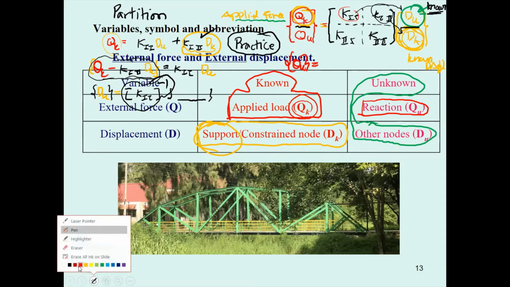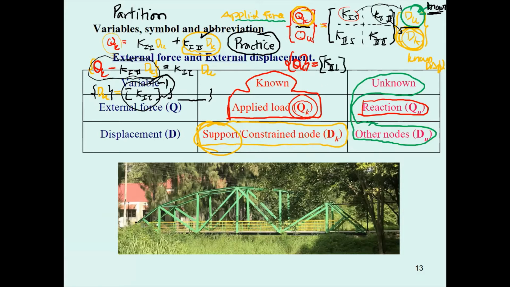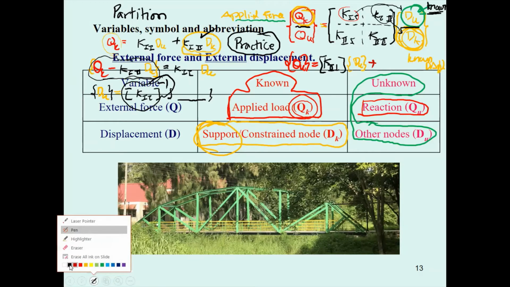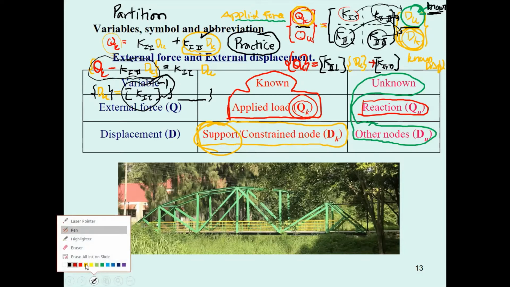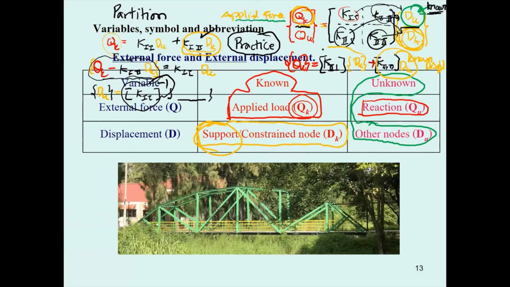It's going to be equal to K sub 2,1, put the brackets here, with the known D sub U, plus K sub 2,2 times D sub K. Now you just put everything into your calculator, compute this portion, combine them together, and get the reaction.